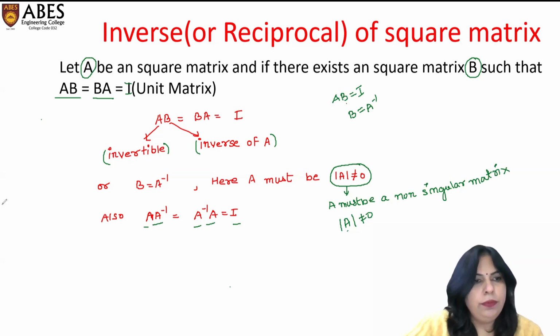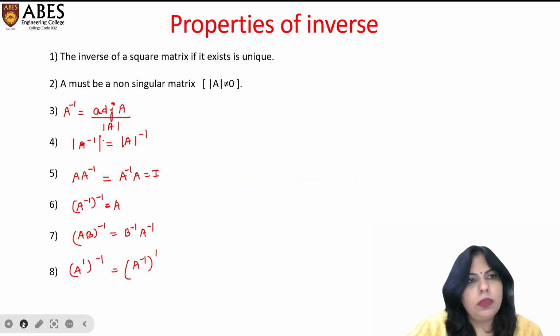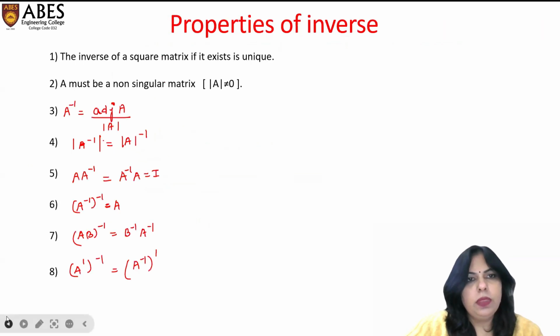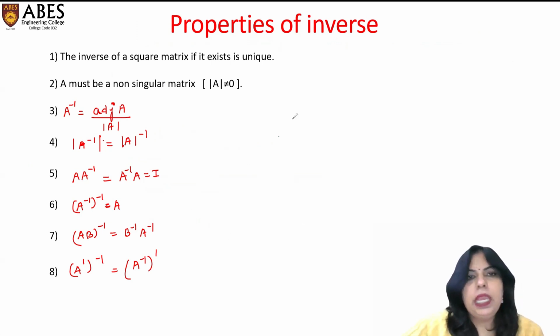Now, next one is the properties of inverse or reciprocal of a matrix A. The first one is the inverse of a square matrix, if it exists, is unique.